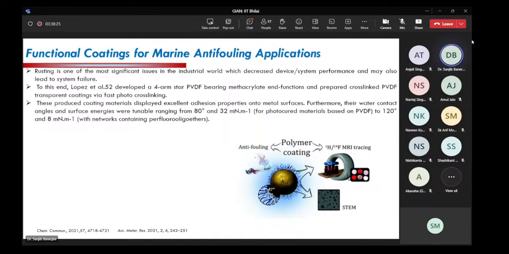Now if you wish to protect your device from the marine environment, especially ships, you need a material which will be anti-fouling, right? This material will protect the metal so that it does not get damaged under the sea environment. Now if you think closely, what is there in the sea environment?